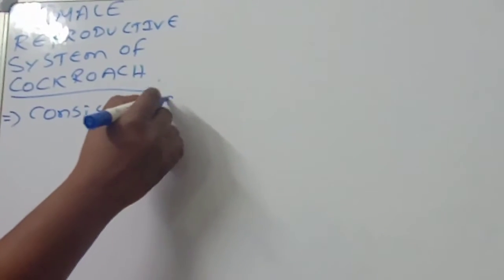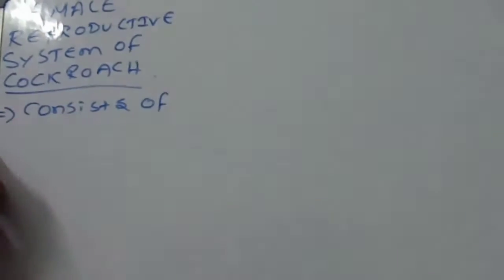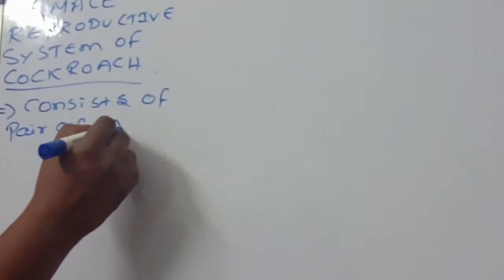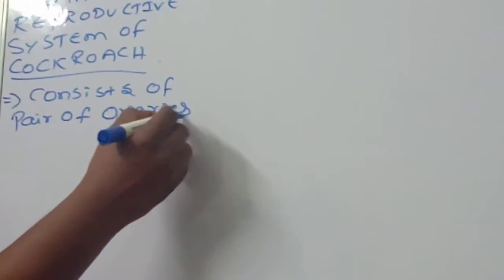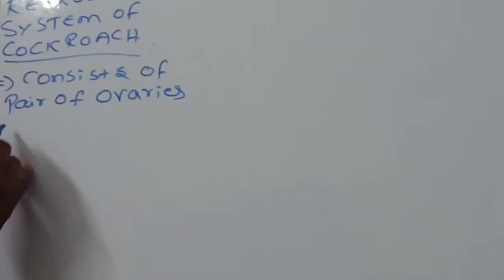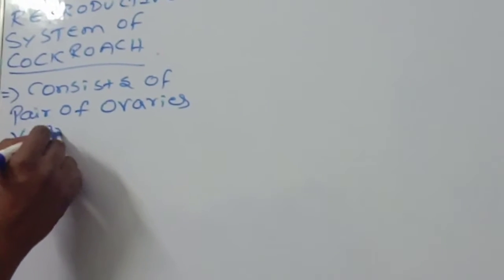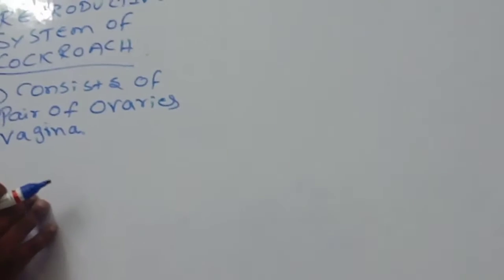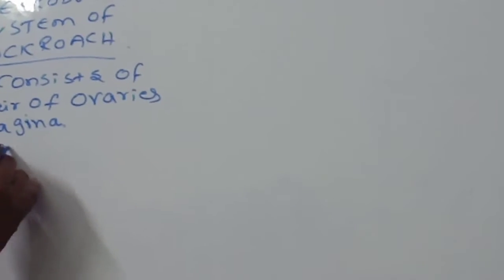consists of a pair of ovaries. Next, vagina. Next, genital pouch.